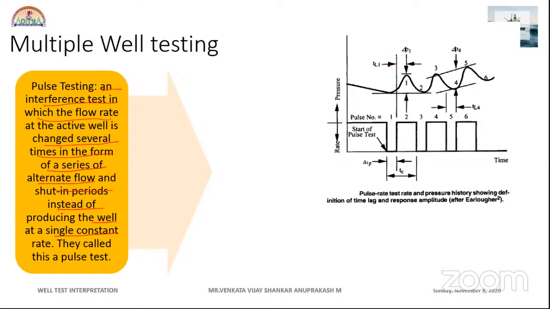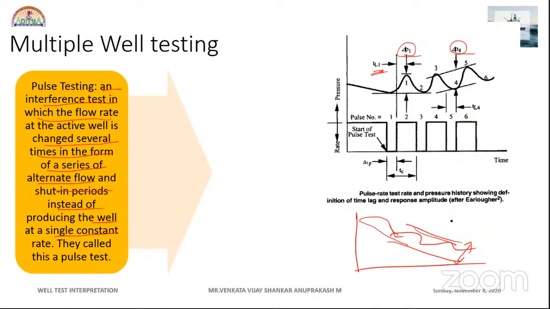Here you see the time lag, and after that you have peak 1 and peak 2. When you plot it, we draw two parallel lines with the extreme ends. This is also one type of time period that is considered. See here, the start of the pulse is here.